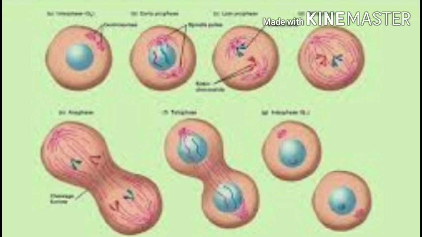Let us now discuss how living beings grow and how they maintain and repair their structures. The growth of a living organism starts with the division of its cells. When a cell divides, it forms two daughter cells from a single mother cell.